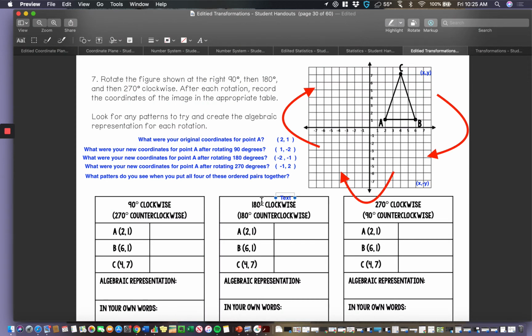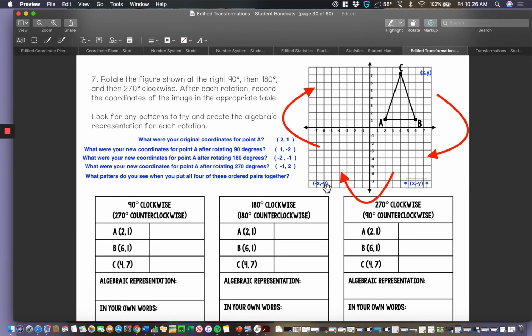Down here, you have a negative x and a negative y. Down here in quadrant 3, all your ordered pairs are going to be a negative and a negative. So when you rotated it the first time, your ordered pairs were a positive and then a negative.